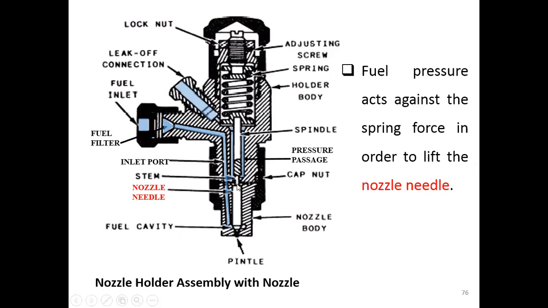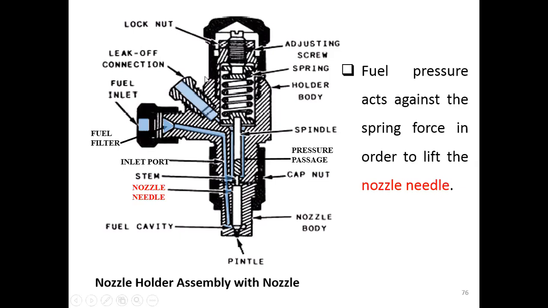And then when there is no fuel being sent in, or no more pressure supplied to the fuel because the pump stops, then the spring over here will force the needle to go down.